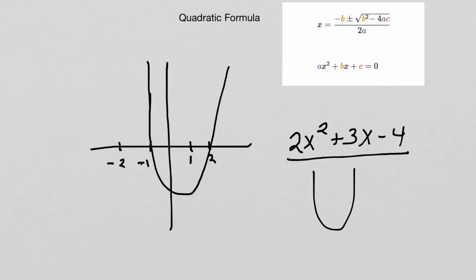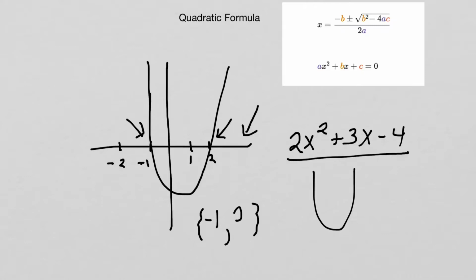What the quadratic formula does is it tells you where it touches the x-axis. So the answer for whatever, I just drew this graph up. The answer to this graph is it touches at -1, so that's one answer, and it also touches at 2.